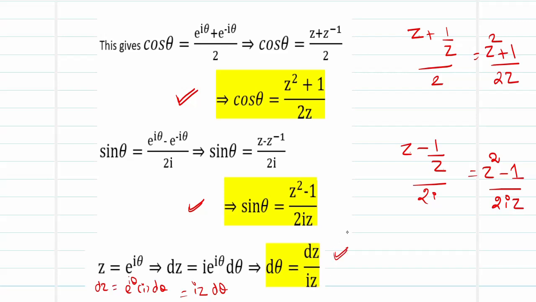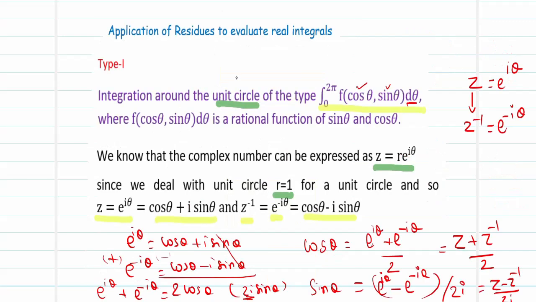So I need to remember 3 substitution formulas for my type 1 problem, which is evaluated for a unit circle. This point is very, very important, because what is going to be our boundary? The boundary is mod z equal to 1, a circle with center 0, 0 and radius equal to 1 unit.